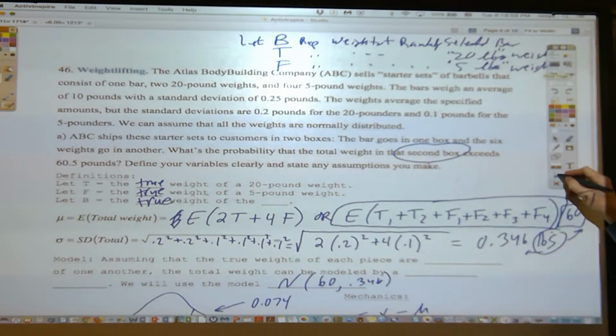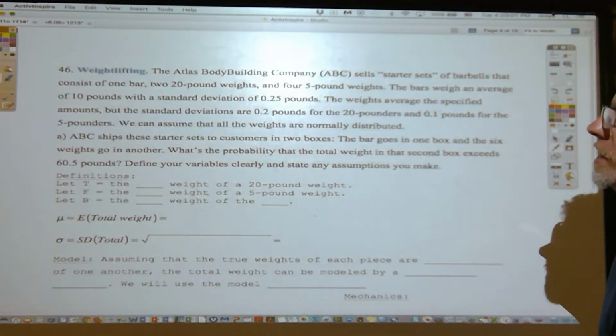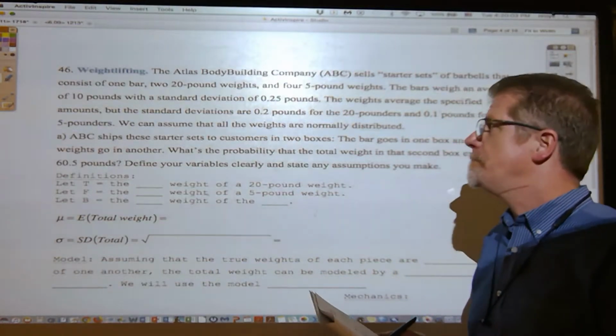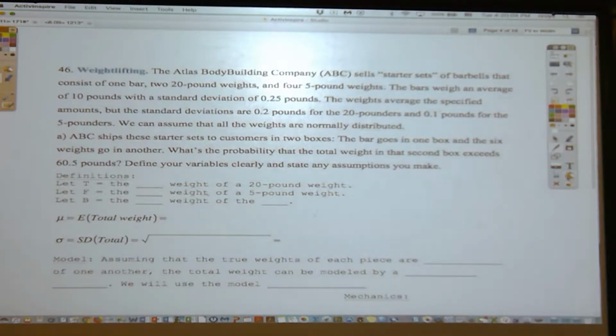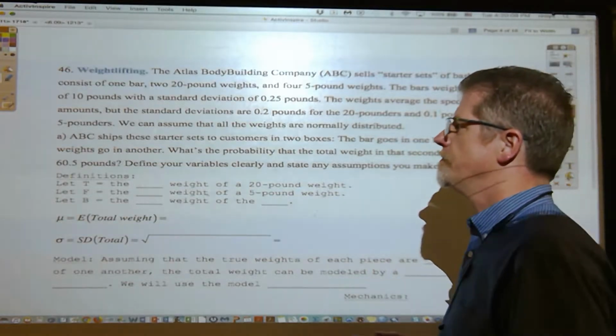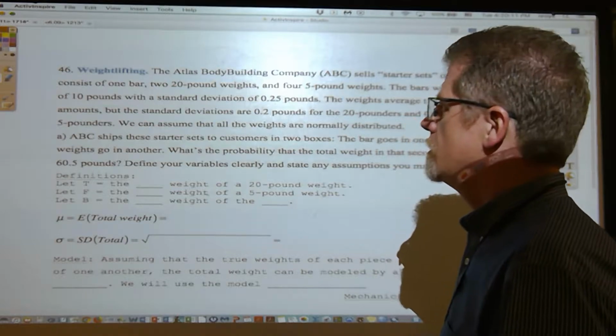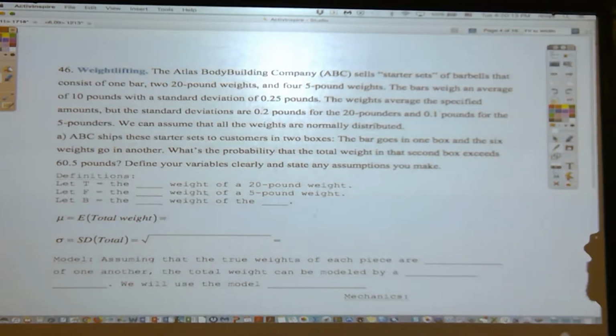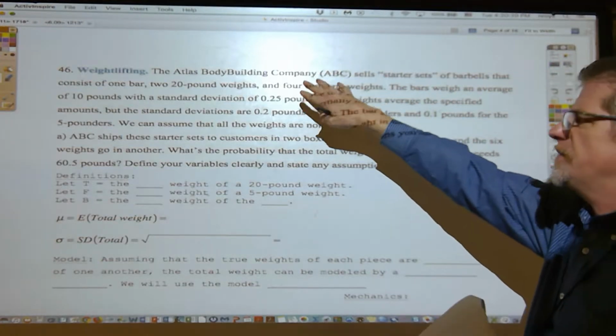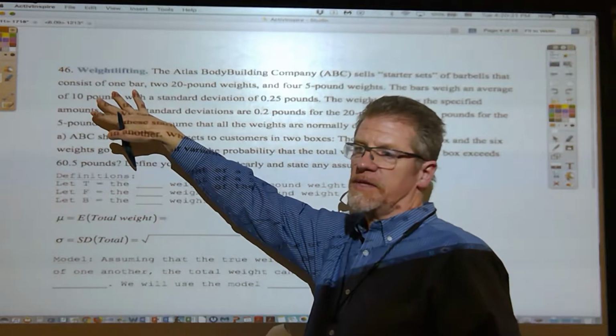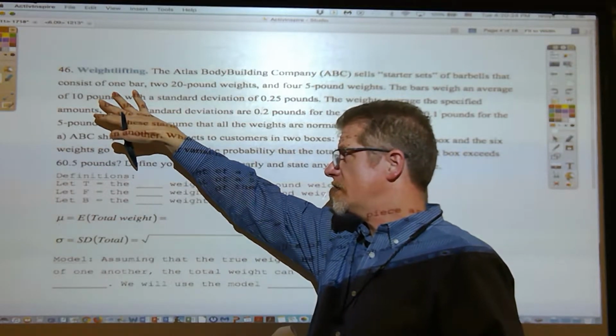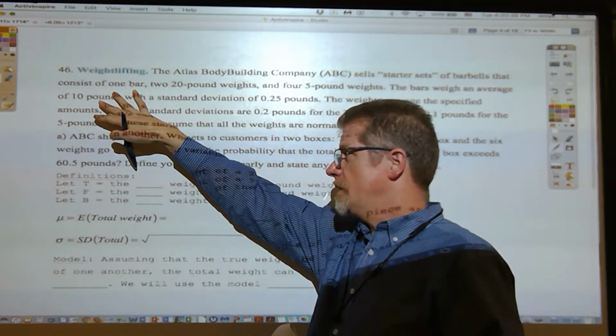Now for the weightlifting problem, we have the Atlas Bodybuilding Company. ABC sells starter sets of barbells that consist of 1 bar, 2 20-pound weights, and 4 5-pound weights. Now, for variable definitions, we have basically each one of these is a random variable. The bar has a variable amount of weight. It's basically random. Sometimes it's heavier, sometimes lighter than average.